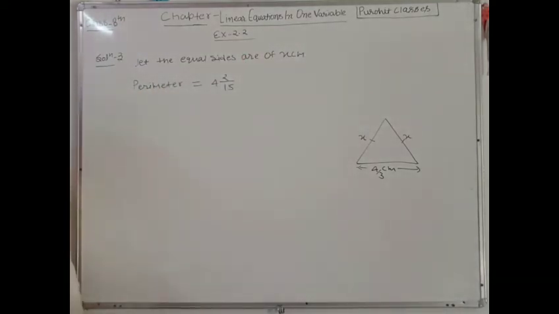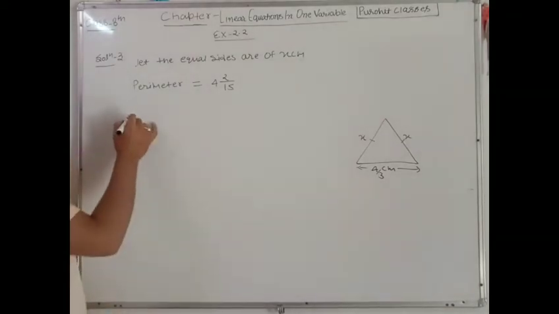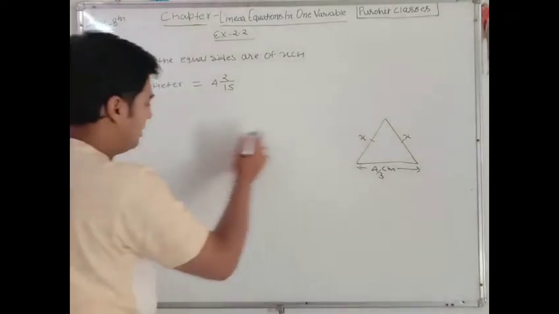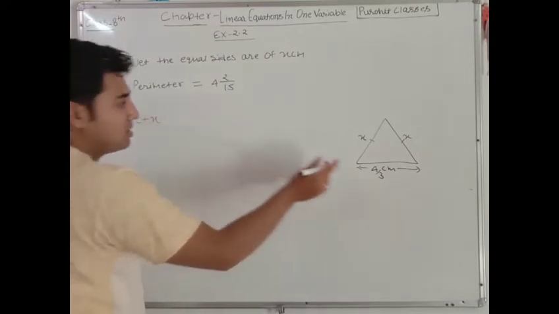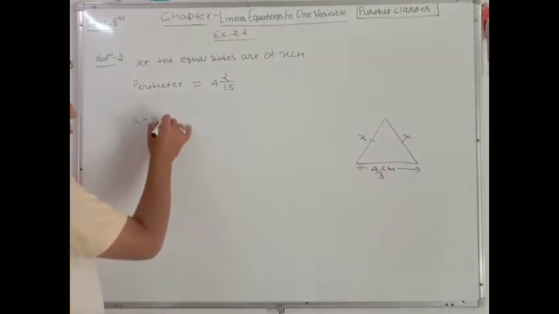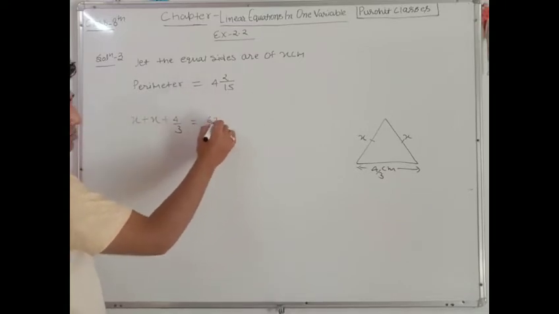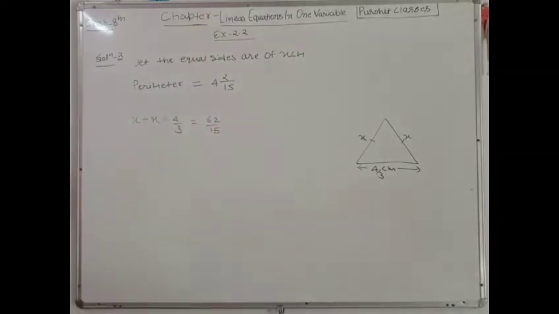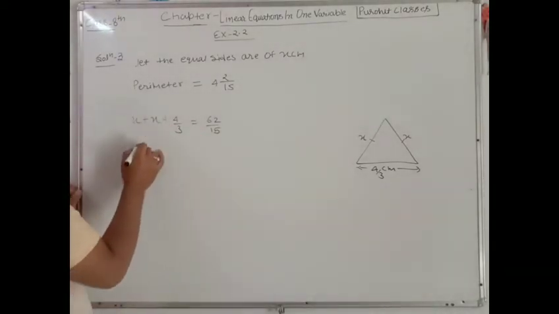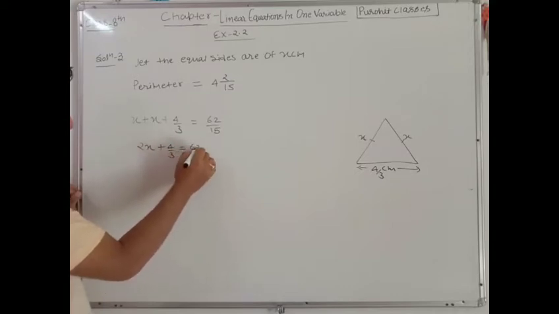The formula of perimeter of any figure is the sum of all sides. So this will be x plus x plus 4 by 3, equals 62 by 15. Getting or not? Okay, so if I add, this will become 2x plus 4 by 3 is equal to 62 by 15.